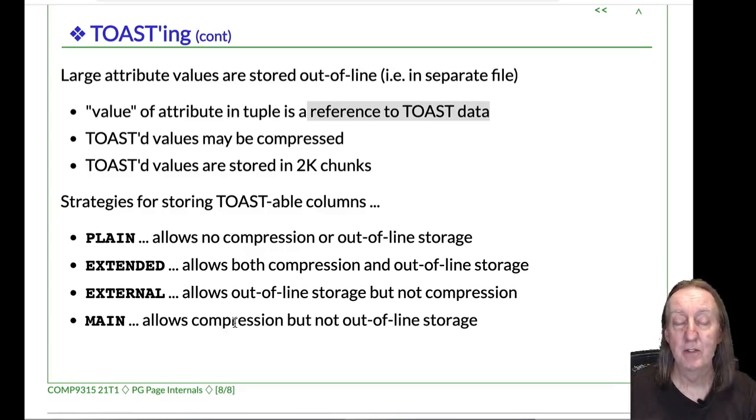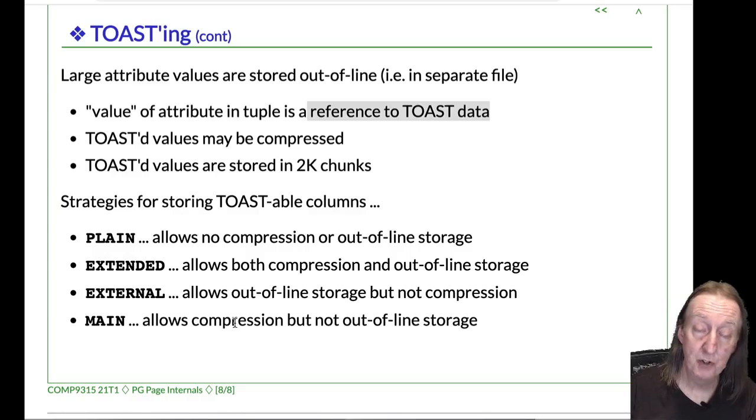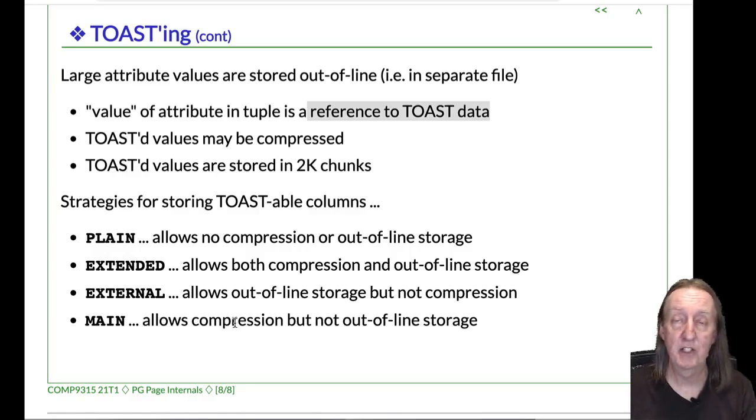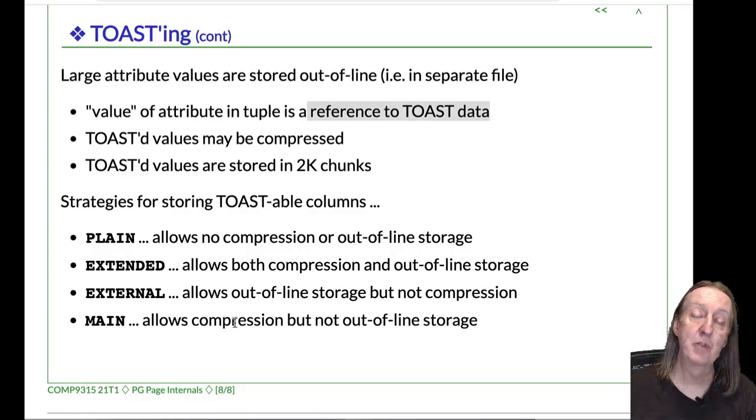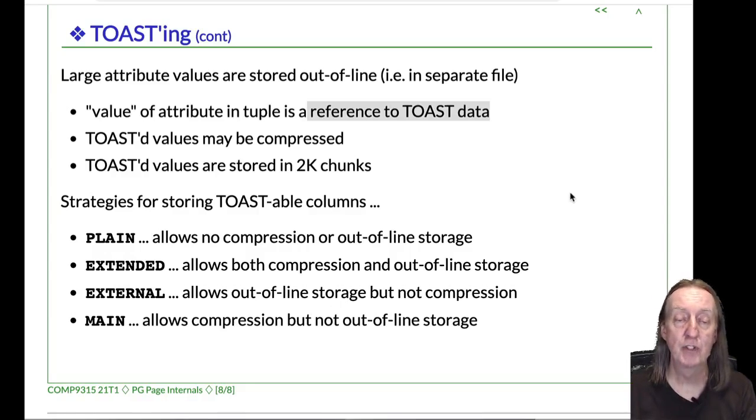So like I said, if you've got values that you can compress down so that they're less than 2K, then you can actually store them in the data page rather than having to store them in a separate file. Now, of course, there's a cost to doing all this toasting.